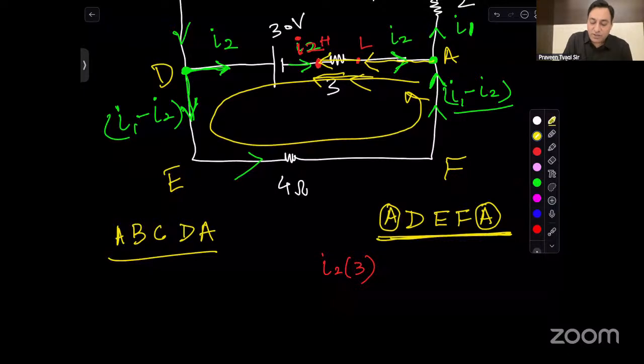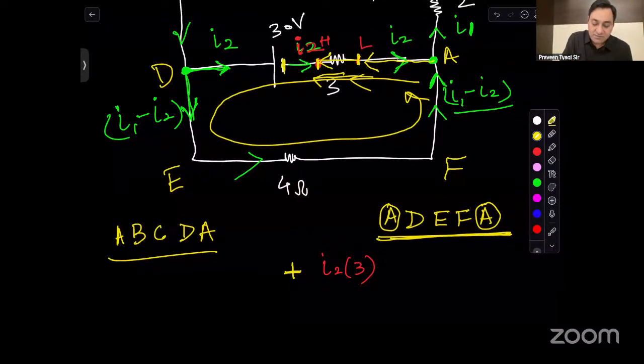So plus, lower to higher is increase. There is an increase in potential when I'm going from L to H. That's why I put not minus IR, but I put plus IR because I am moving in opposite direction to the current.